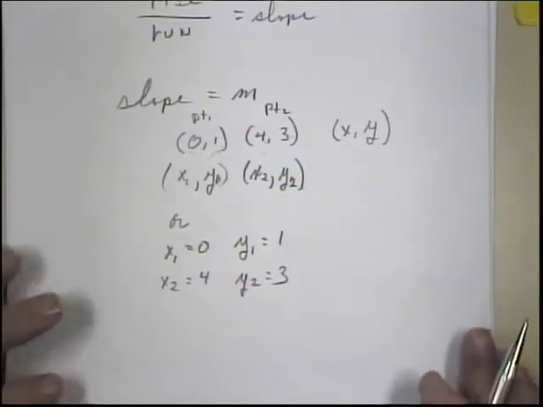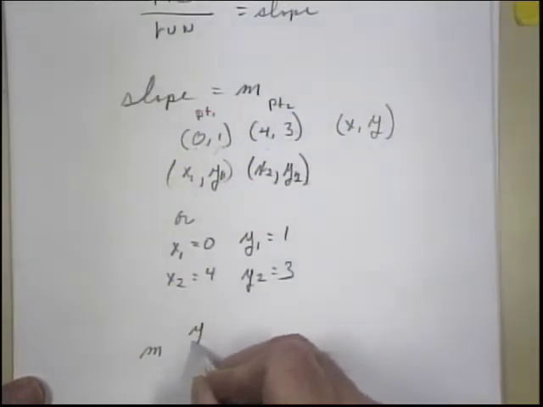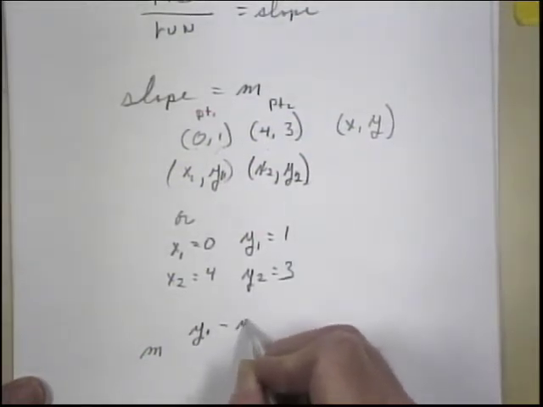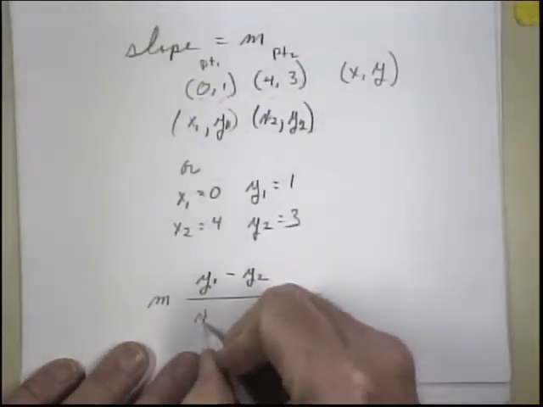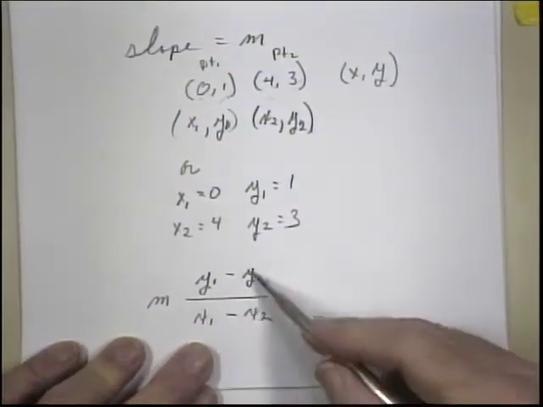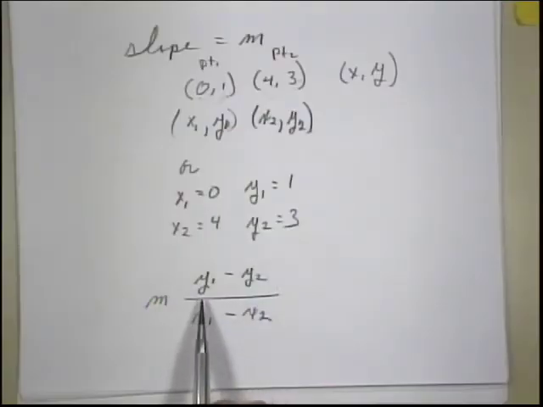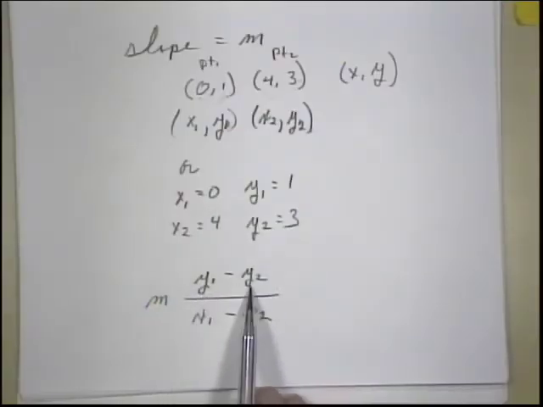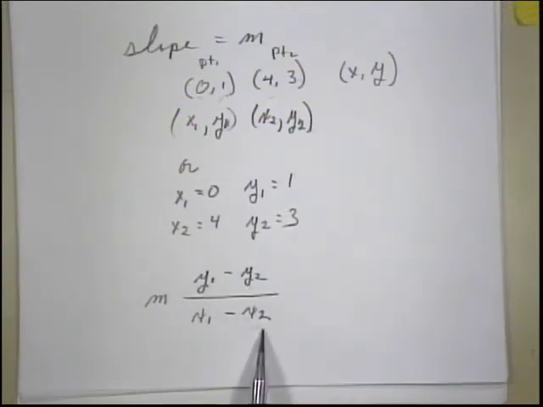Now, we said the slope was the change in y. To get a change in y, we're going to have to subtract one y from the other, and to get a change in x, we're going to have to subtract one x from the other. It doesn't make any difference which we subtract from which. What is important is that if you subtract the y from point 1 from the y from point 2, then you have to subtract the x from point 1 from the x from point 2.